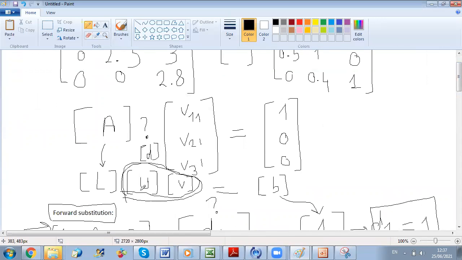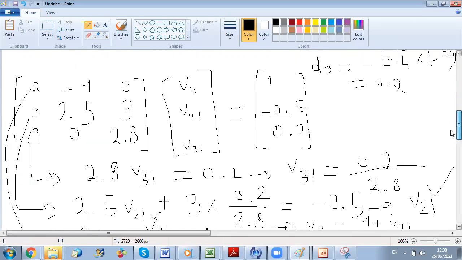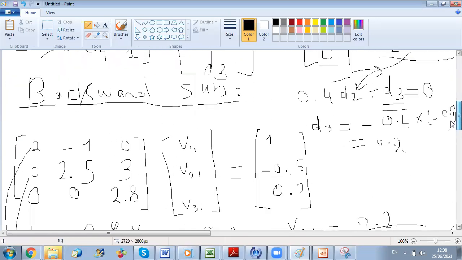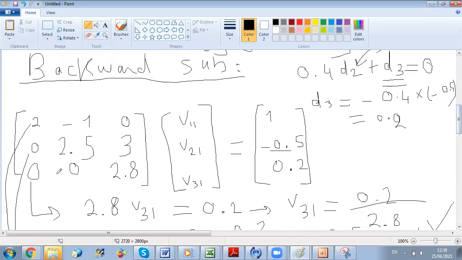D is the upper matrix times vector V. Since I got vector D, I now write that the upper matrix times vector V is equal to vector D. So I put vector D in its place here, and now I will move in the opposite way. I do backward substitution. Why? Because now I'm dealing with an upper triangular matrix, so zeros will be in the lower half.